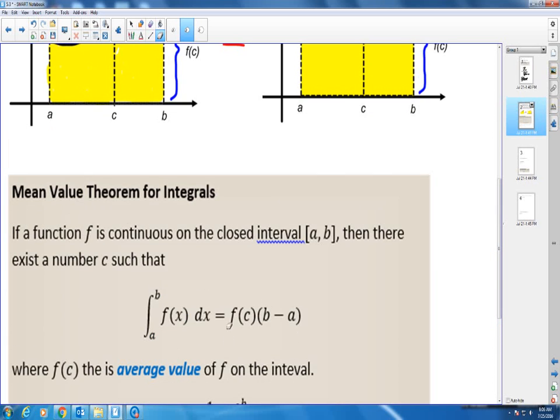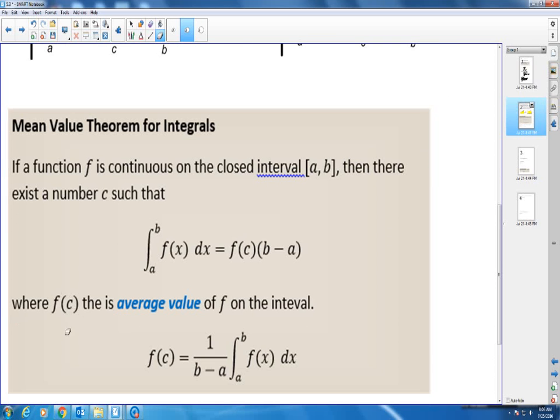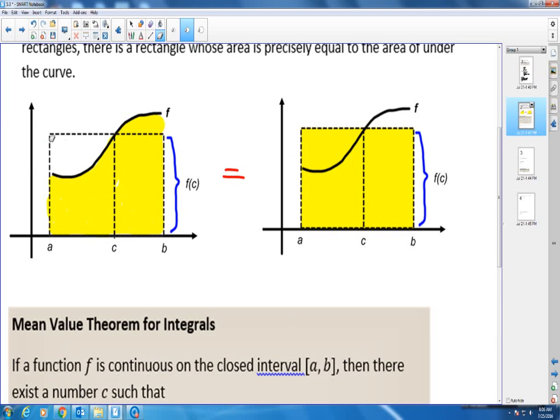So what this equation is saying is you take the height times the width. This f of c is referring to the average value of f on the interval. This dashed line on top is the average value. So we are taking the average value times the entire width of the interval.